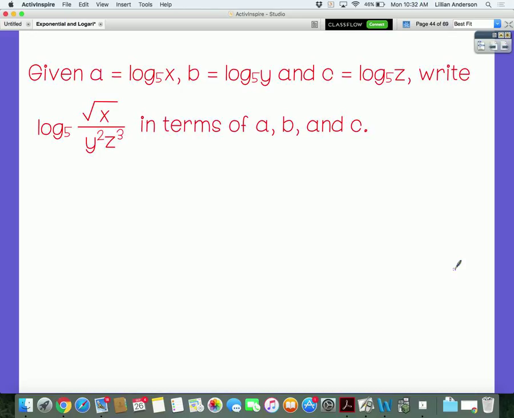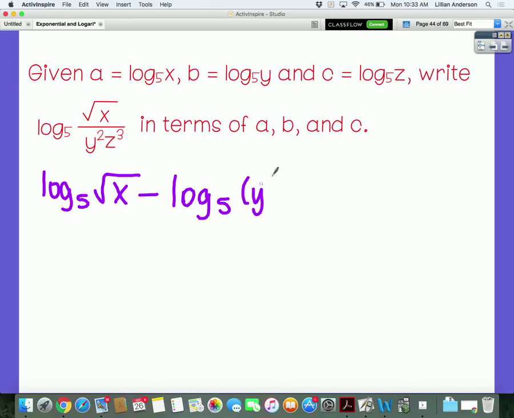So we're basically going to have to expand this log right here using our laws of logarithms. So we're going to start by getting rid of this division. Whenever we have a division, that means we're going to subtract the log. Now, what you'll notice is that y to the second, z to the third is actually being held together with a multiplication.